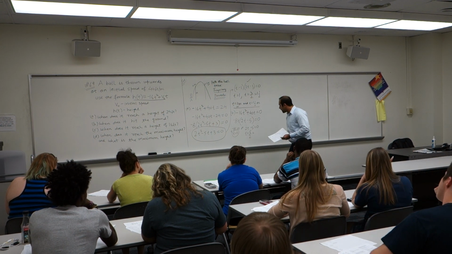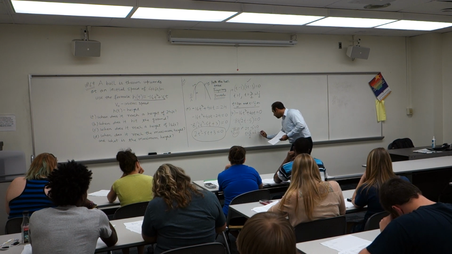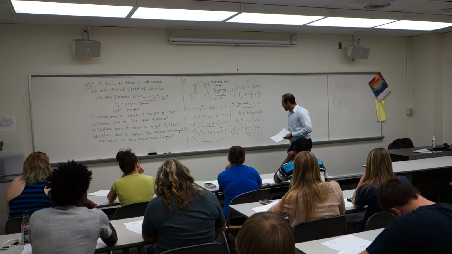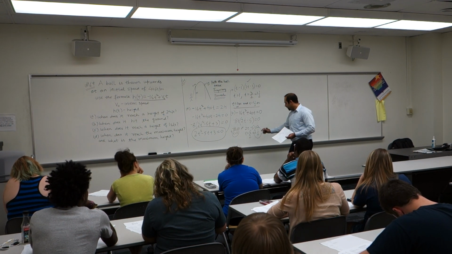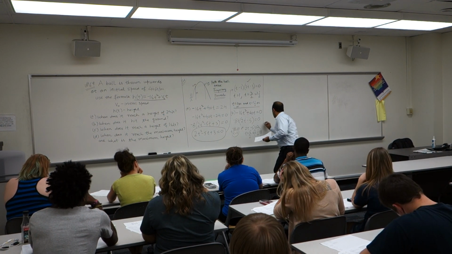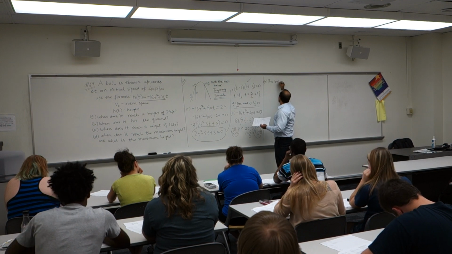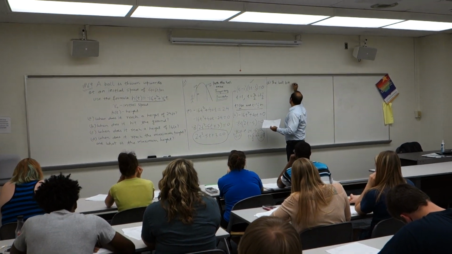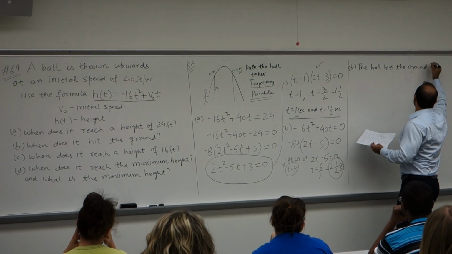And 5 halves, we can write in a mixed form, 2 and 1 half. So that means it will hit the ground after 2.5 seconds. So if we have to write this in words for part B, the ball hits the ground in 2.5 seconds.